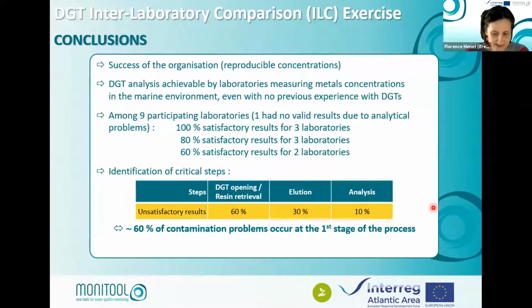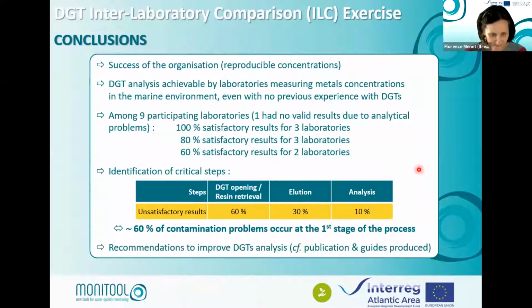So this shows that 60% of the contamination problems occur at the first stage of the process when we open the DGT. So this step has to be done really carefully and under the cleanest conditions possible.